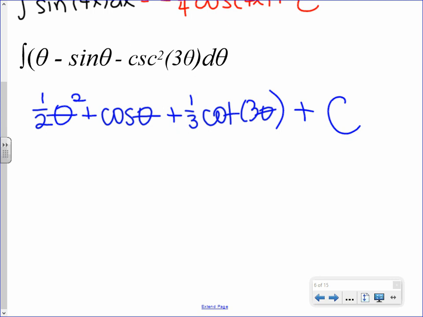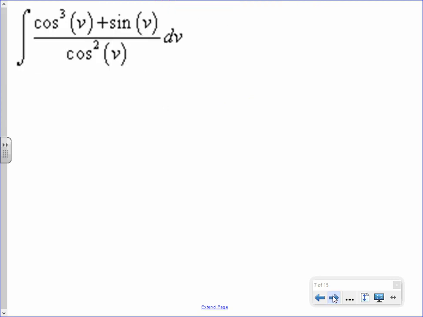Okay. One more trig example here. Are we going to take the antiderivative right now? No. That would be silly.